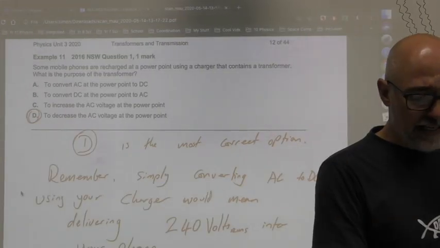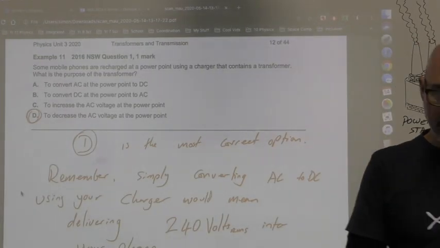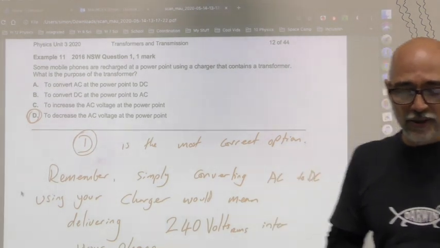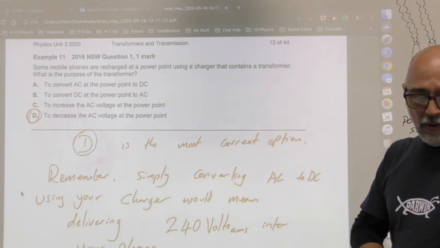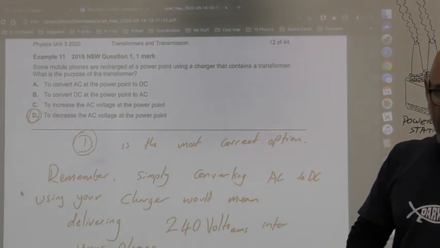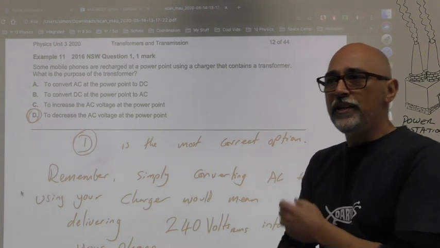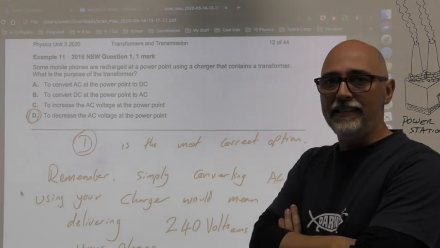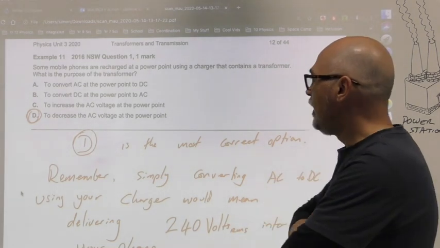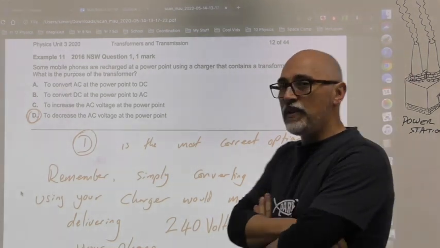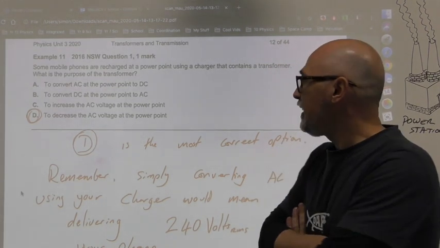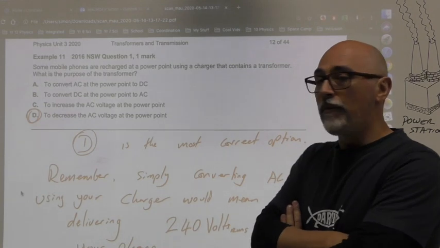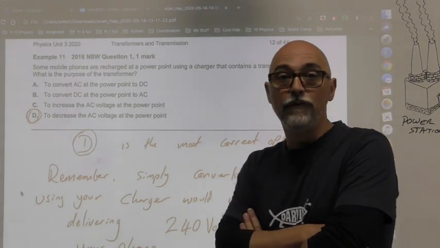Some mobile phones are recharged at a power point using a charger that contains a transformer. What is the purpose of the transformer? This one's interesting. A transformer doesn't change a current or a voltage from AC to DC. Something else does that. But the purpose of the transformer in your charger is to decrease the AC voltage down from the power point value to what your phone can take.